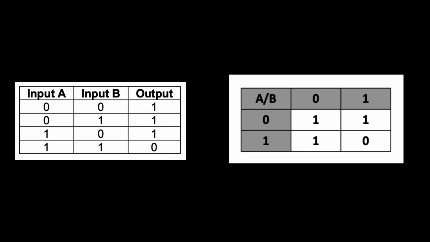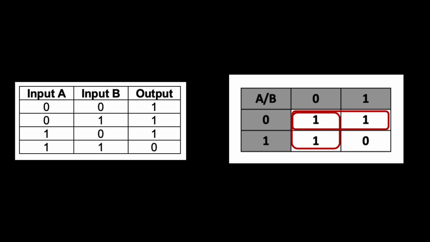For this map, we will circle the output cells in the middle row, where A equals 0, and we also circle the center column, where B equals 0. Here's what it looks like once we have circled all the ones. Now we look at each of the patterns we have circled and we describe the patterns in terms of their inputs.